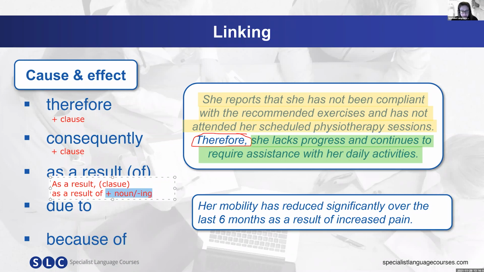Okay, the same for due to and because of. These are followed by the noun or the ing form. Okay, so it's important to get the form correct so that your accuracy remains high.